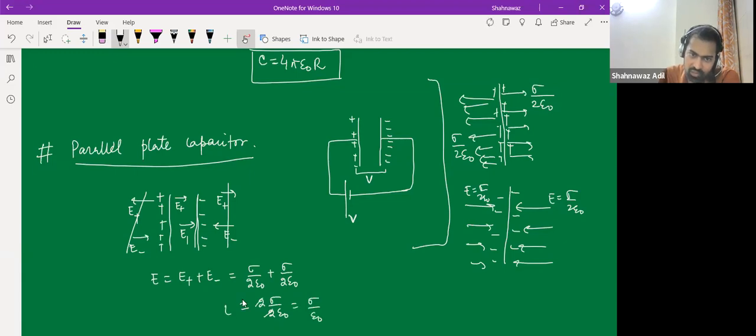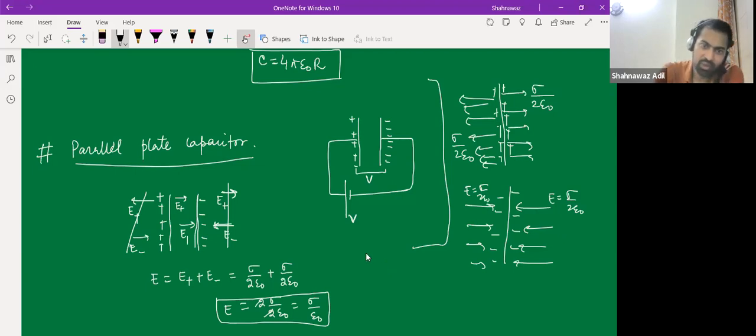This is the electric field inside. And outside is 0, right? This part is in this direction, this is in this direction, so they cancel. Similar in this way. So only the inside part will survive, right? Is this clear?